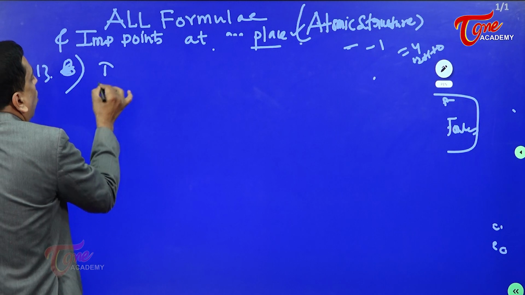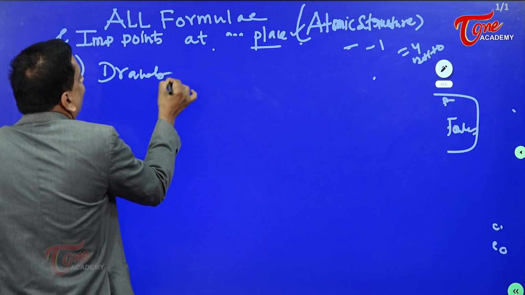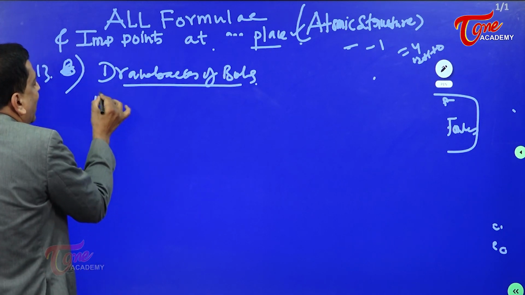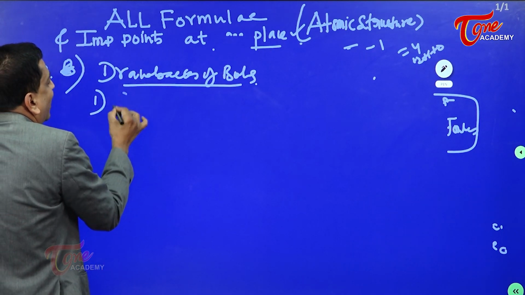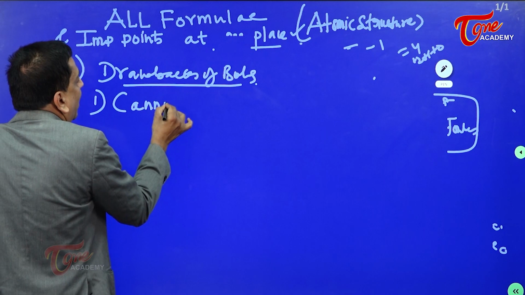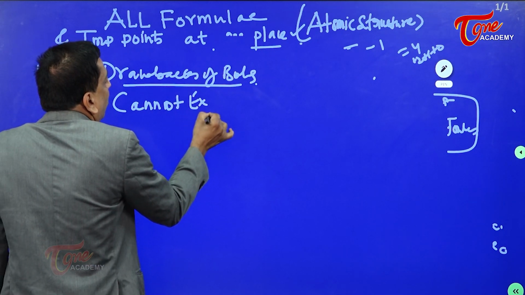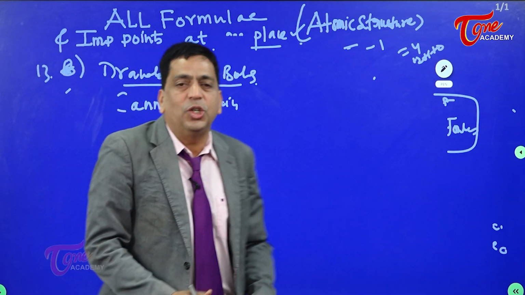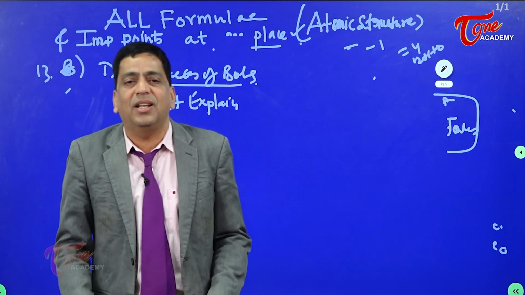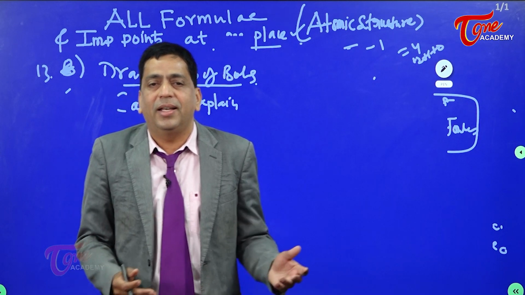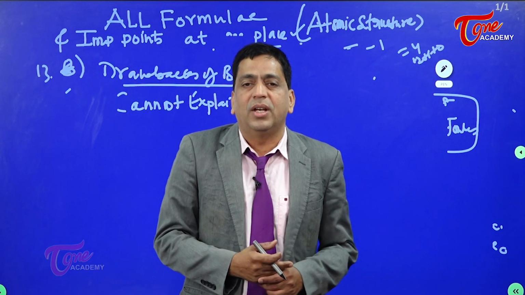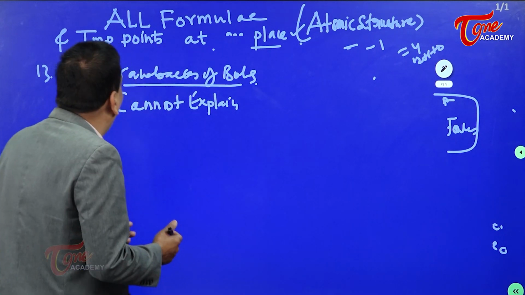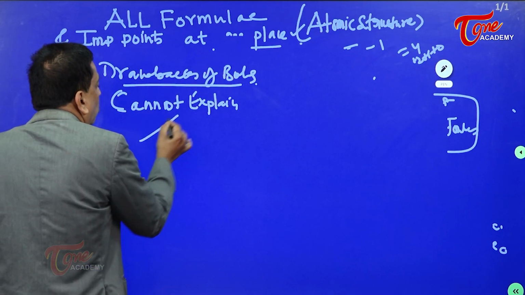One of the biggest drawbacks of Bohr: he cannot explain, even though he's great in his approach by proposing the non-radiating path of the shell. Everyone has their errors, everyone has their drawbacks. Similarly, Bohr has drawbacks, and this fellow cannot explain two things.